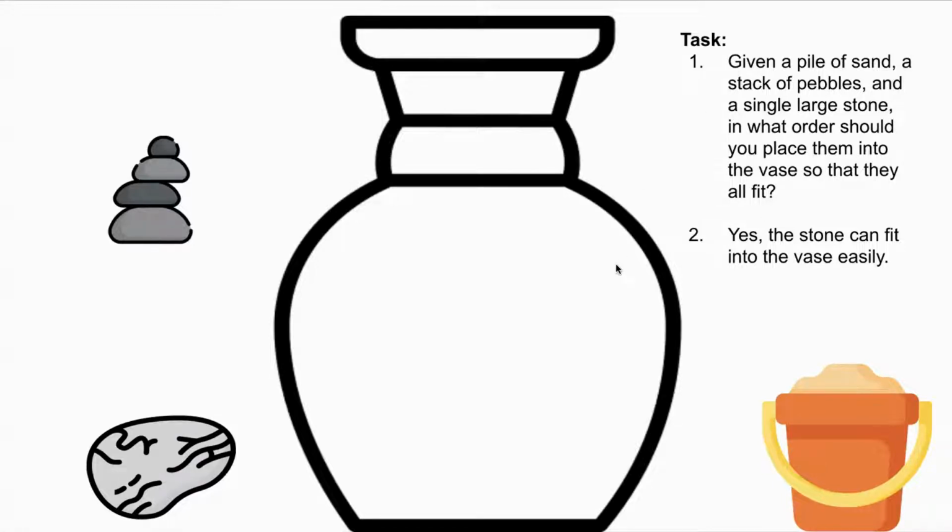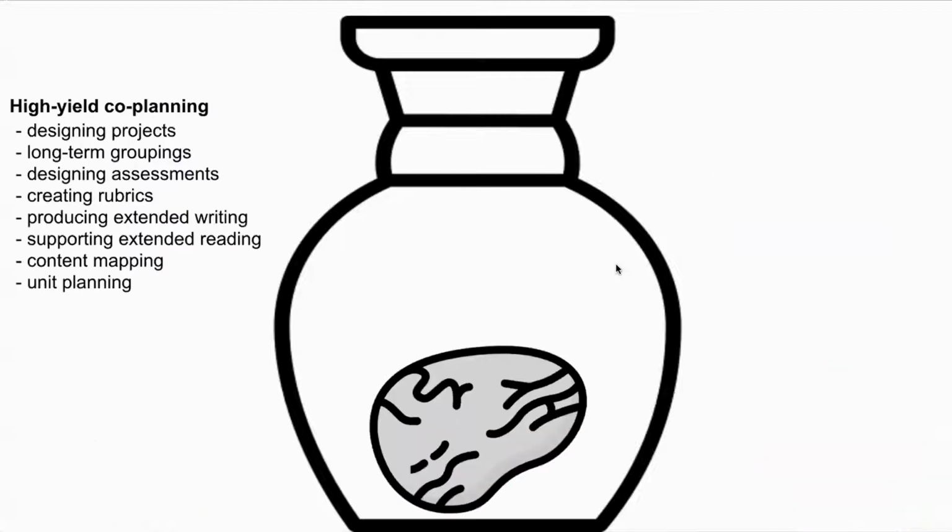I want to share with you, my suggestion is to start with the gigantic stone. Here's why. When we co-plan, at the beginning, instead of focusing on the small little things like what are we planning tomorrow, focus on the big things, such as designing projects, long-term groupings, designing assessments, creating rubrics, thinking about producing extended writing.